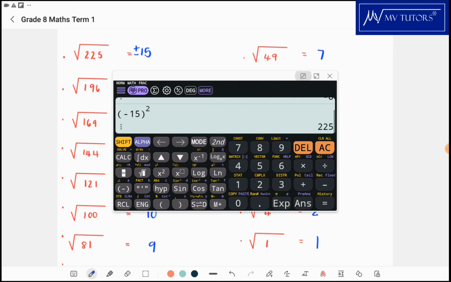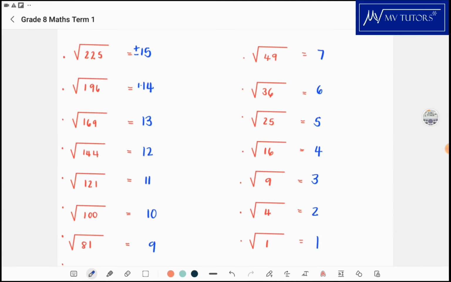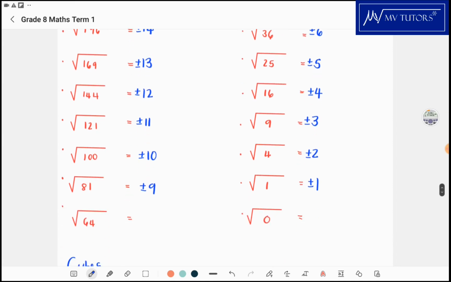So the answer should be plus or minus for all of them. Okay, that's the thing with square roots. You can either get a positive or a negative number, because if you square negative 6, it gives you positive 36. Okay, so just be careful. Do not forget this, please. All right, and the square root of 64 is basically plus or minus 8.